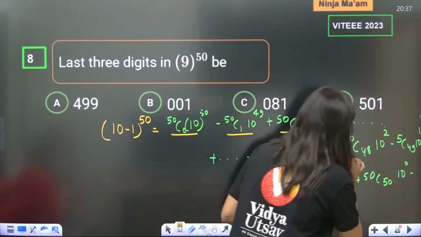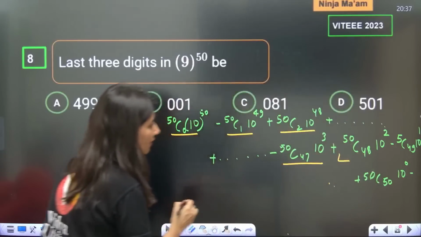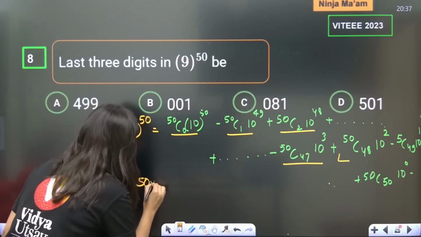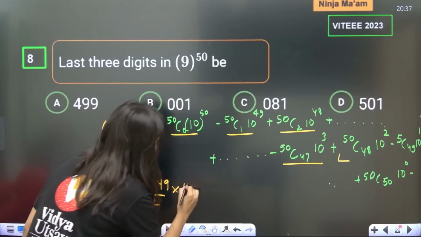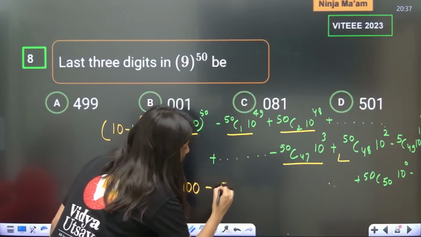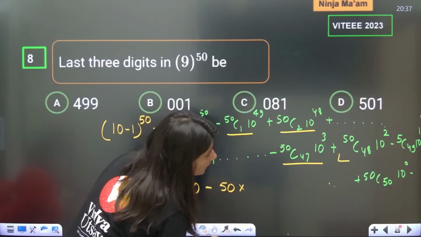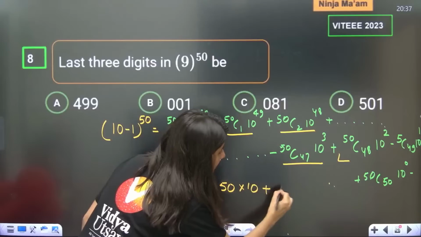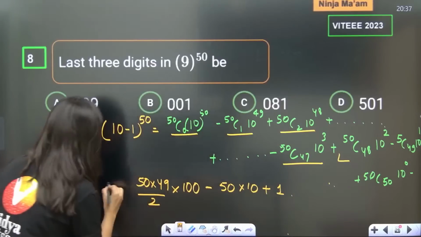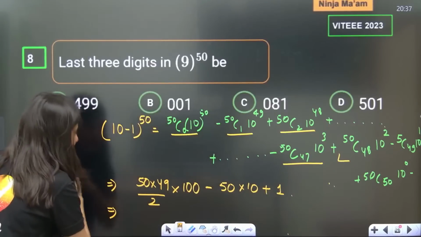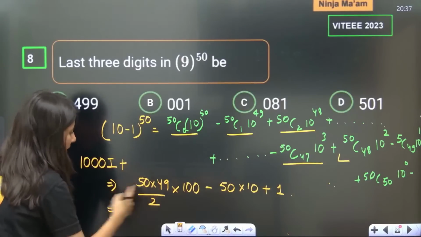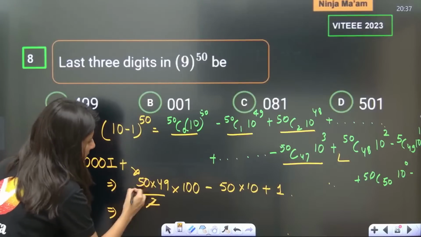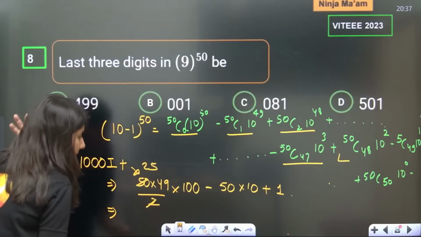Now, right from here, you need to calculate 50 into 49 by 2 into 100, minus 50 into 10, plus 1. These are the last 3 numbers because the rest is 1000 I plus this. So, this is 25.